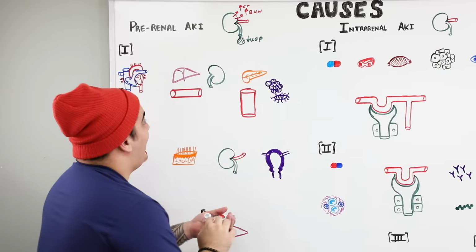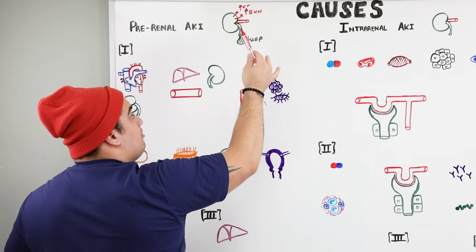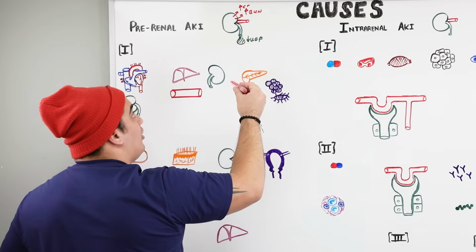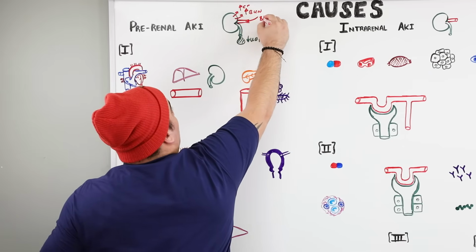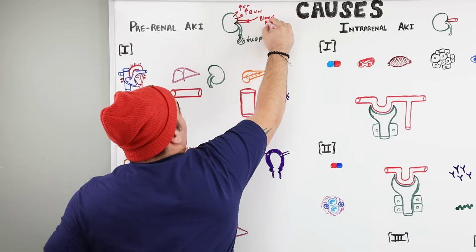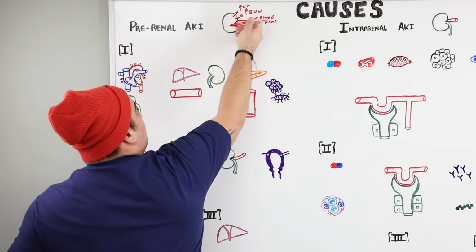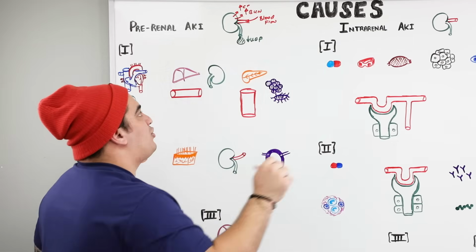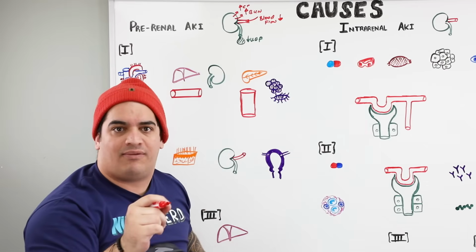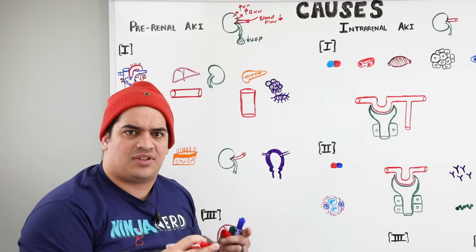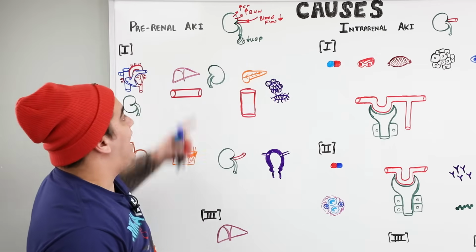Pre-renal AKI is when the patient develops an increase in creatinine, an increase in BUN, or a decrease in urine output as a result of some type of issue where the blood supply to the kidney is reduced in some way, shape, or form. What could cause reduced blood flow, reduced perfusion to the kidney?